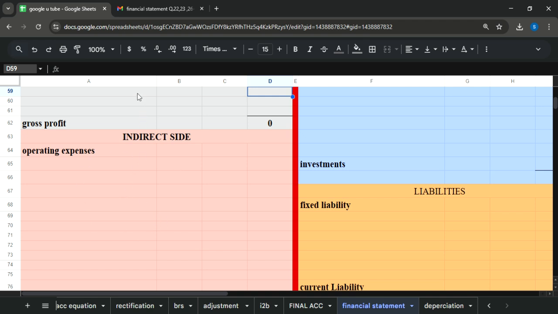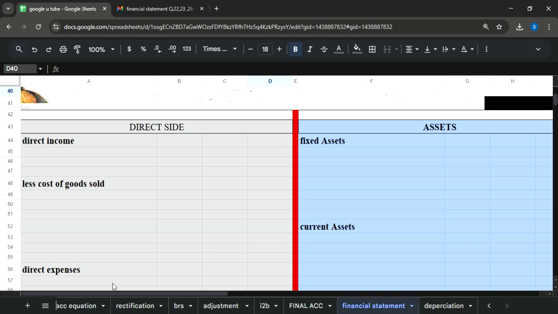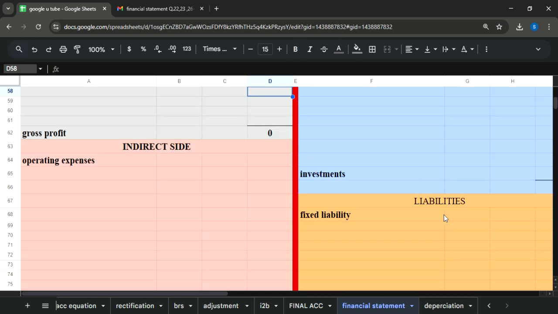The upper part is fixed for the direct side to calculate gross profit. The lower part is fixed to calculate your net profit or loss. At the right side is the balance sheet, with the asset side, and the lower part is fixed for the liability side. Total of assets and liabilities would always be equal.